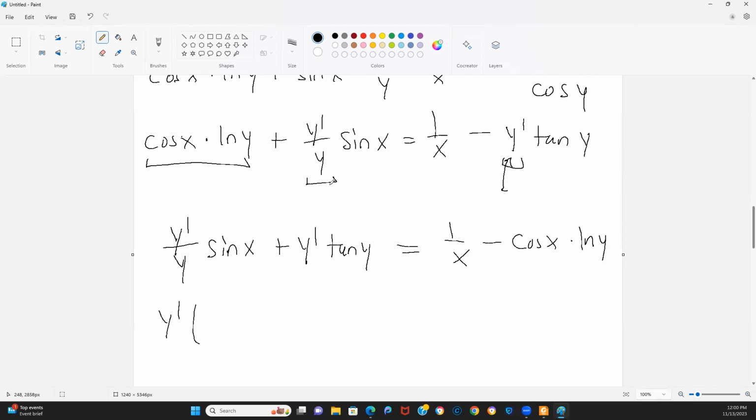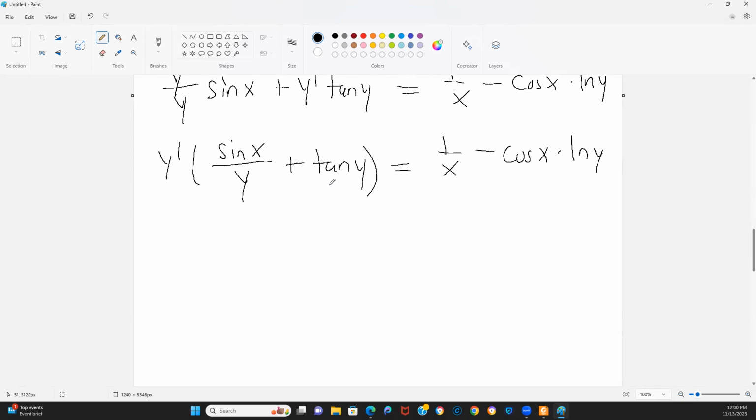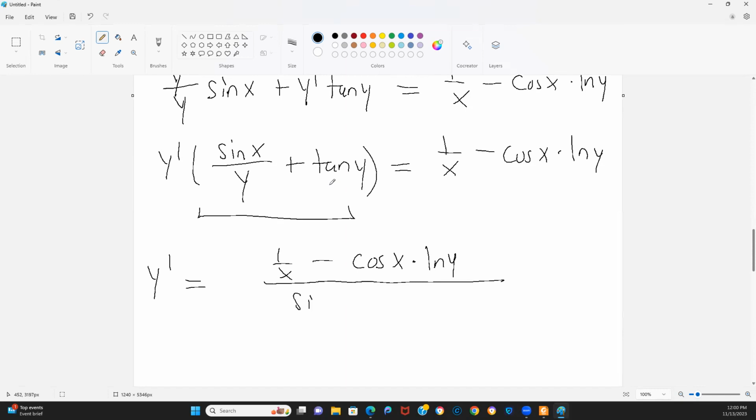And then you factor out y prime, you get sine x over y plus tangent of y is equal to 1 over x minus cosine of x times ln of y. All right, and now we can divide by this, so you get y prime is equal to (1 over x minus cosine x times ln of y) over (sine of x over y plus tangent of y).